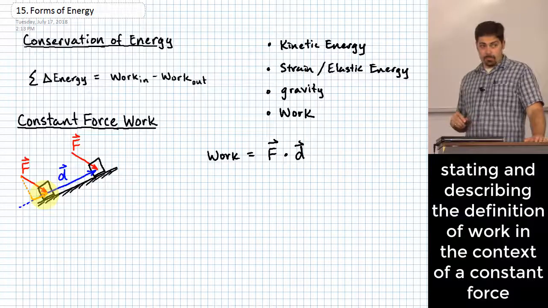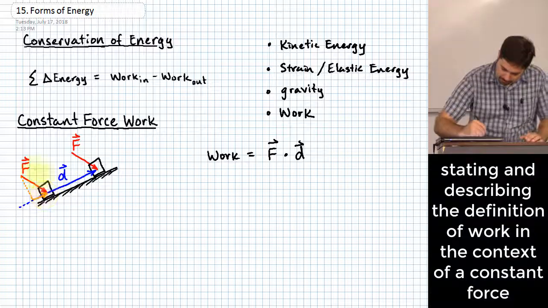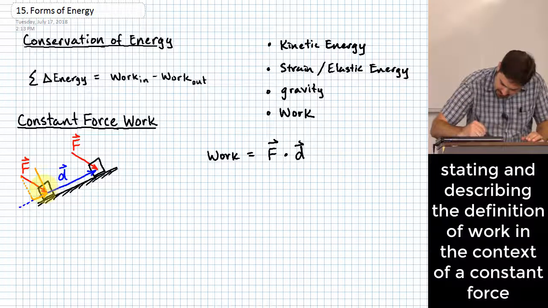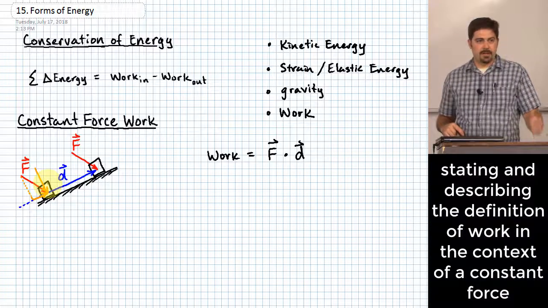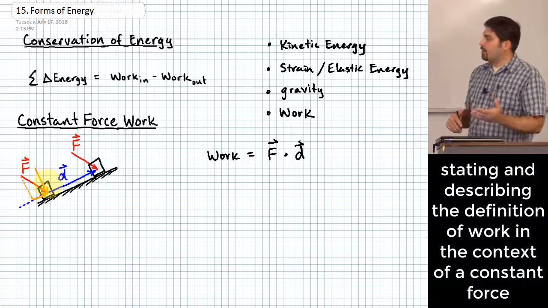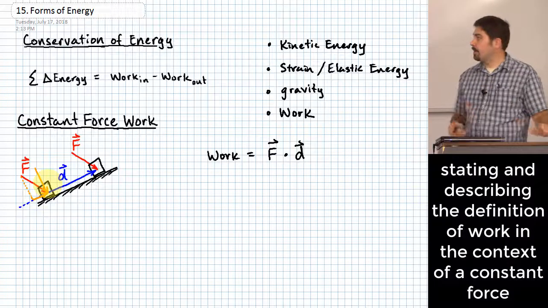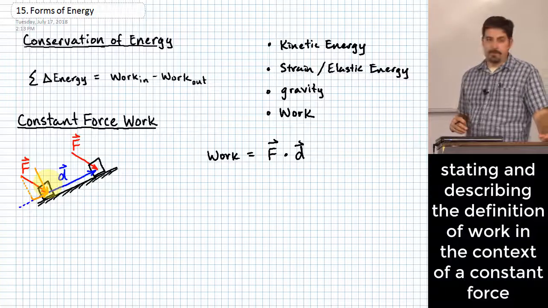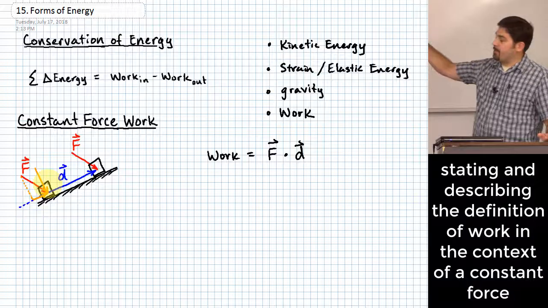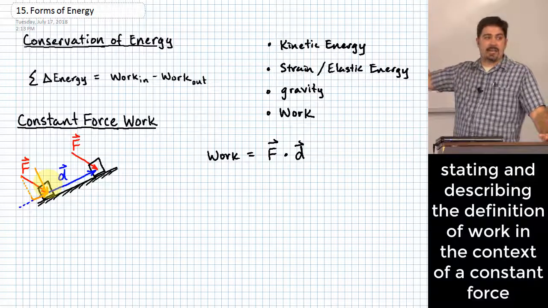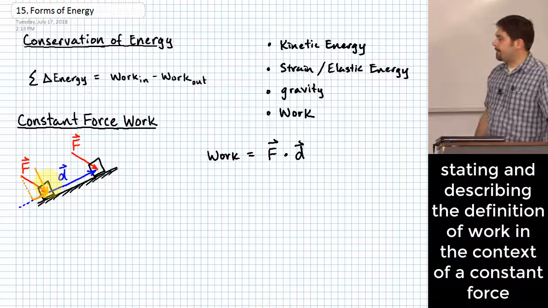And that's the only component of that vector that's going to be doing work. The other component of the vector would push down like this, and there's no movement that's happening in that direction, right? So there's not any work that's done by that component of the force. The only component of the force that's doing work is the one that is lined up with the direction of the motion. Okay? And taking a dot product like this does exactly that. Doing a dot product between two vectors gives you that exact thing.